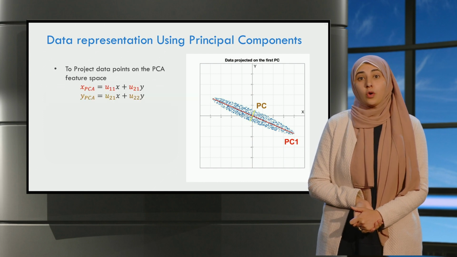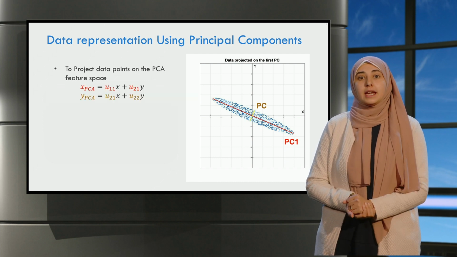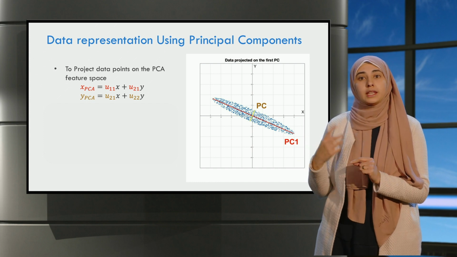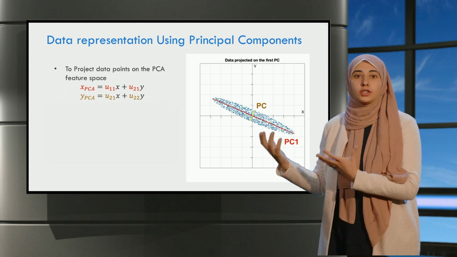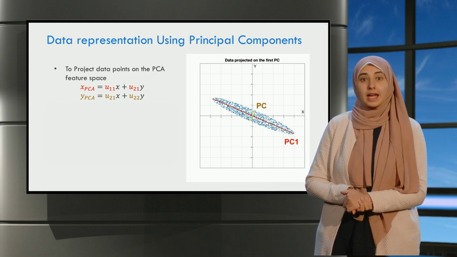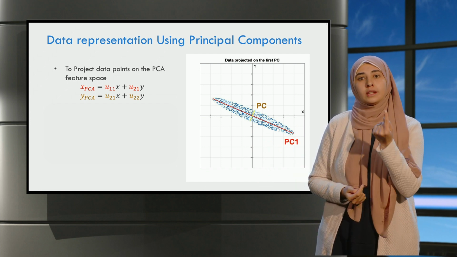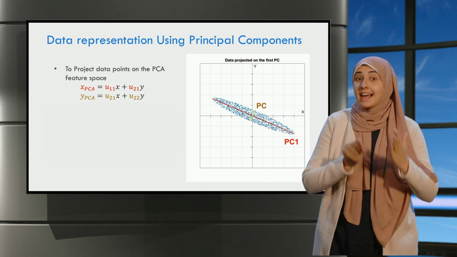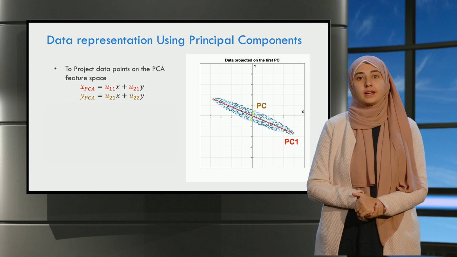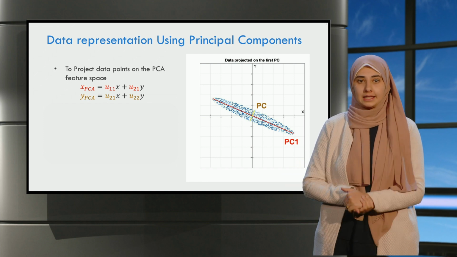The new x-coordinate, or xPCA, is the dot product between the data point location xy and the PC1 unit direction vector u1. That will result in one single number, which is the new x location relative to the PC1 direction as the new horizontal axis.